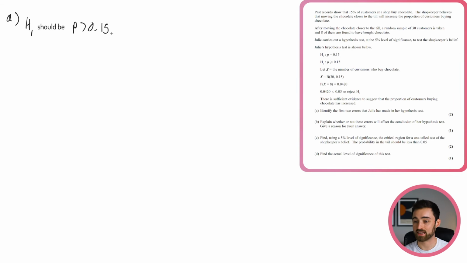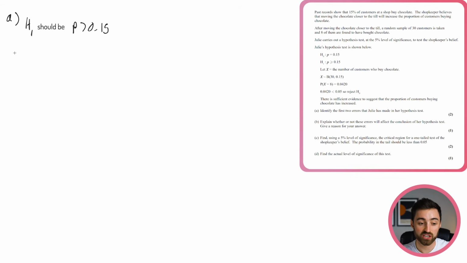Okay. Select X as the number of customers who buy the chocolate. Fine, so it's distributed binomially, 30, 0.15. Here we go. She's worked out the probability that X equals 8 is 0.0420. But what you actually need is the probability of the tails, in other words, less than or equal to, or greater than or equal to probabilities.